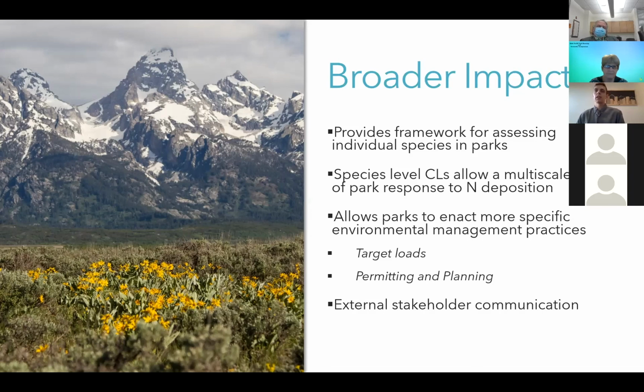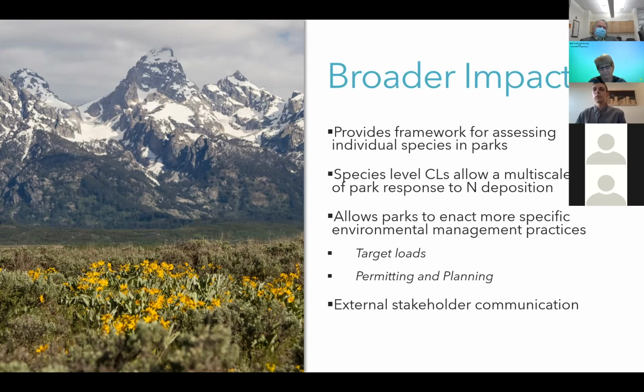So we can look at an individual species in an individual park, or a species across multiple parks, a group of species across parks, or sets of parks, providing scalar flexibility that larger scale critical loads might not allow. And then it allows for parks to enact more specific environmental management practices.